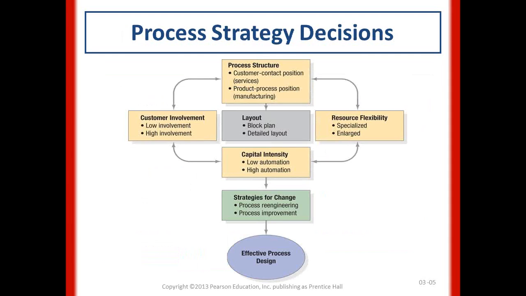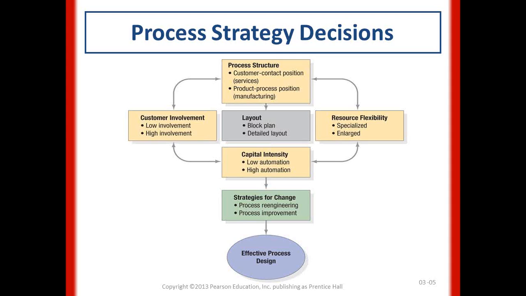So when we talk about the process strategy decisions, we are really talking about the process structure, which is the first box up top. You're talking about how much contact you have with the customer. Do you have a high level of contact, or a low level of contact? A Subway is probably an example of high contact, versus manufacturing, let's say Hyundai manufacturing their vehicles, which is low contact.